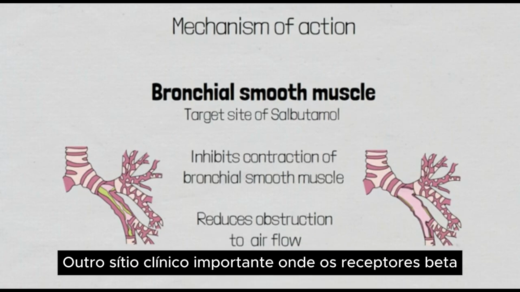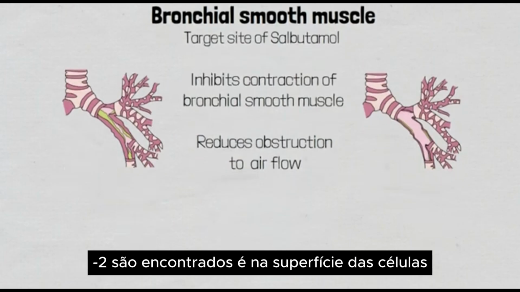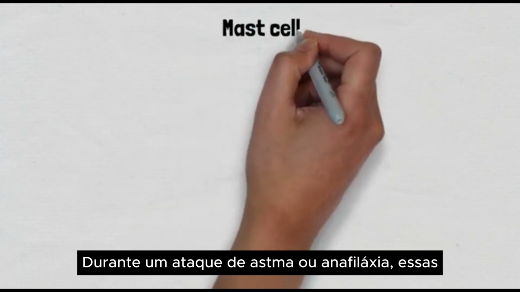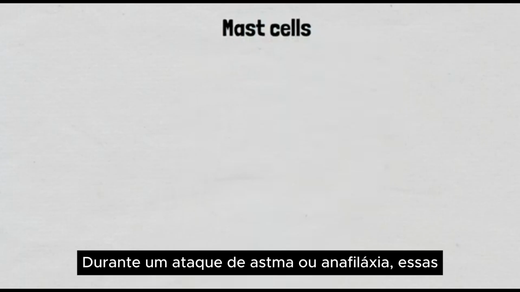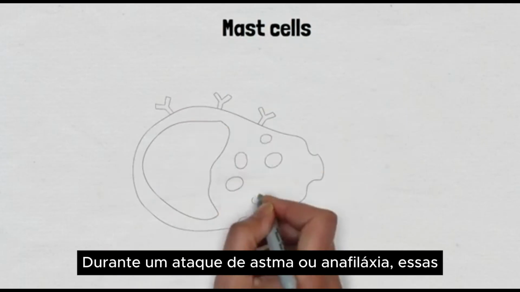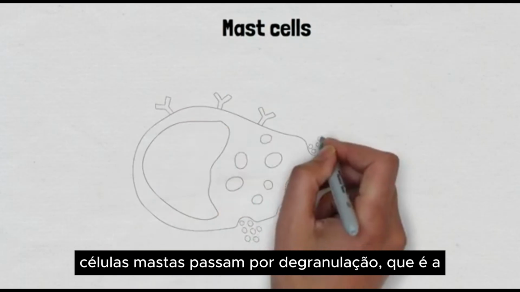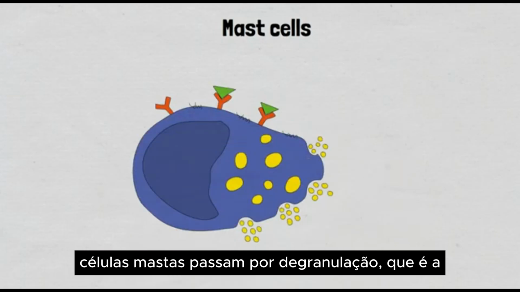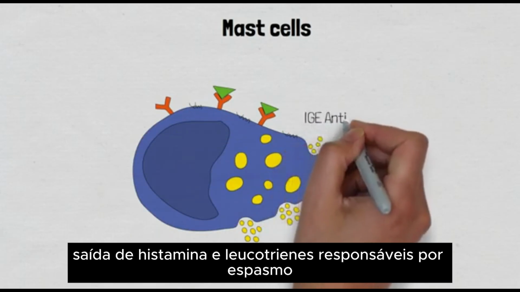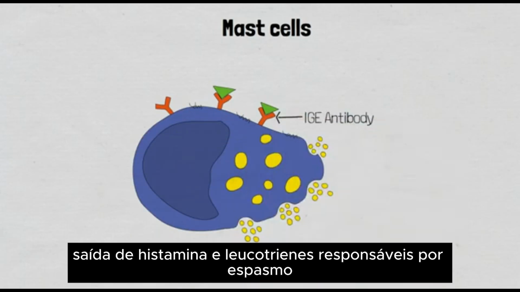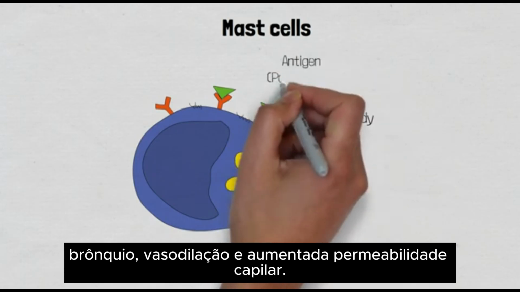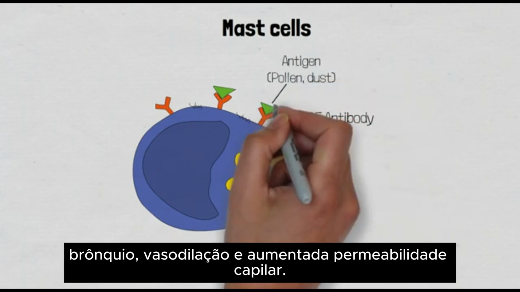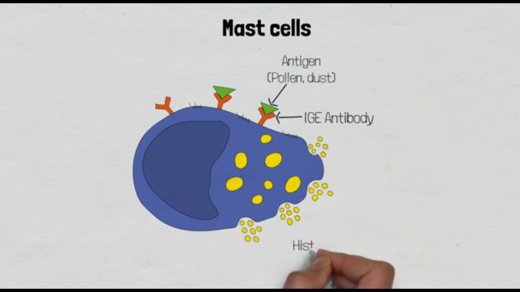Another clinically important site where beta-2 receptors are found are on the surface of mast cells. During an asthma attack or during anaphylaxis, these mast cells undergo degranulation, which is the release of histamine and leukotrienes that are responsible for bronchospasm, vasodilation, and increased capillary permeability.